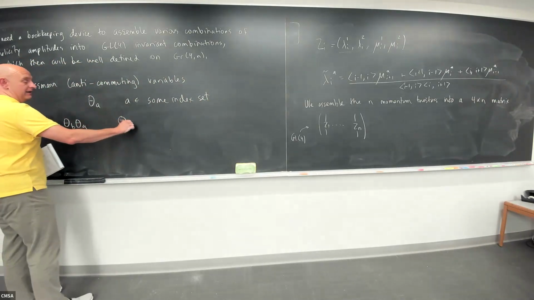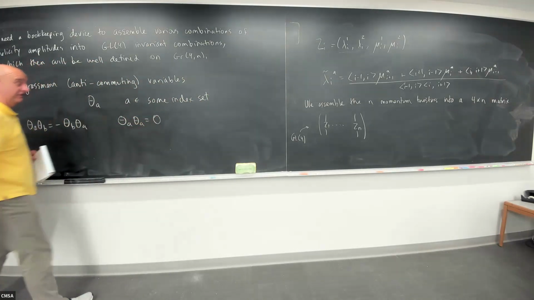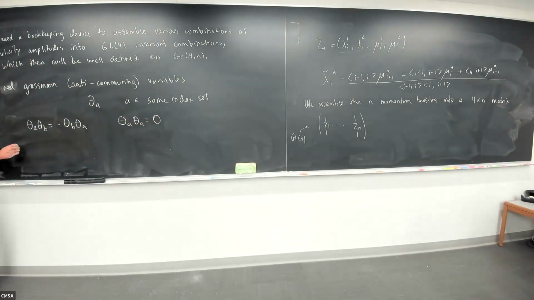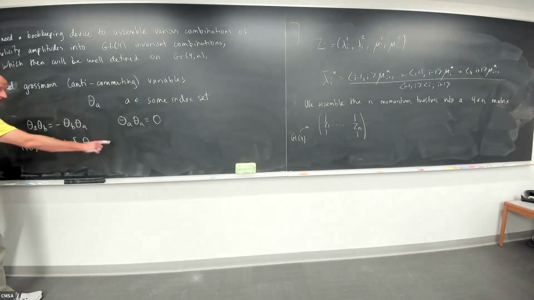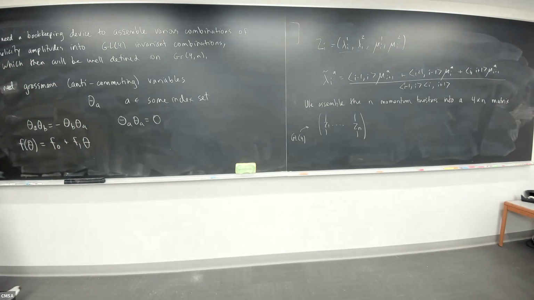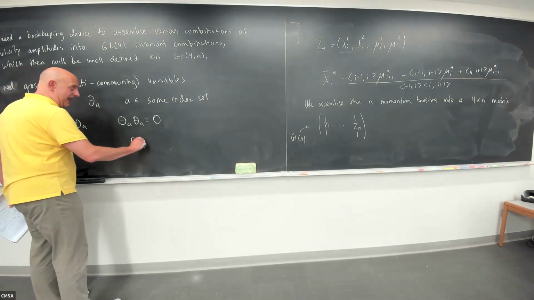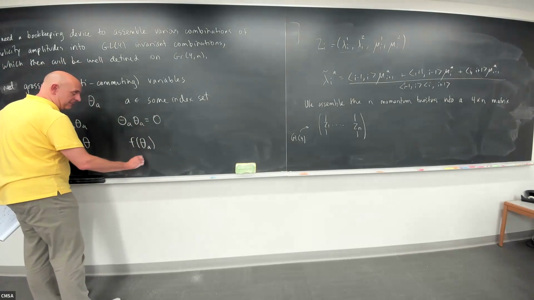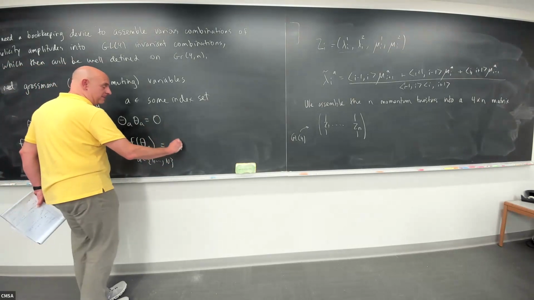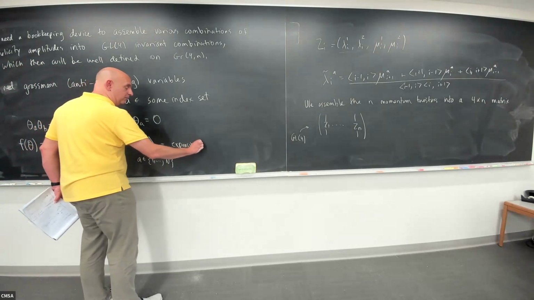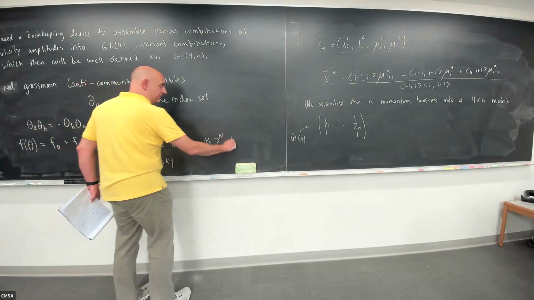And consequently, each one squares to 0. So if you have a function of a Grassmann variable, it has a Taylor series expansion that terminates after the first order because there's no theta squared term. And if you have a function of n Grassmann variables, it has an expansion with 2 to the n terms.